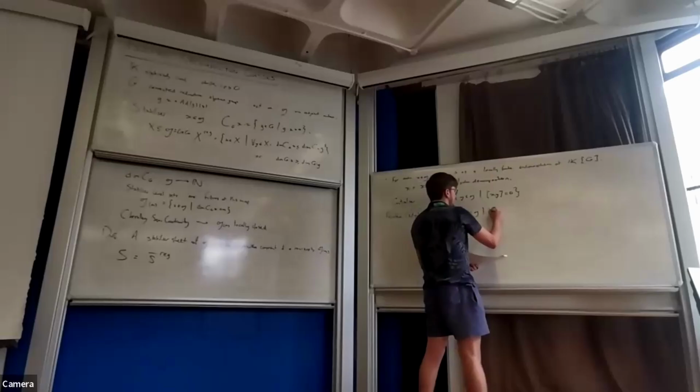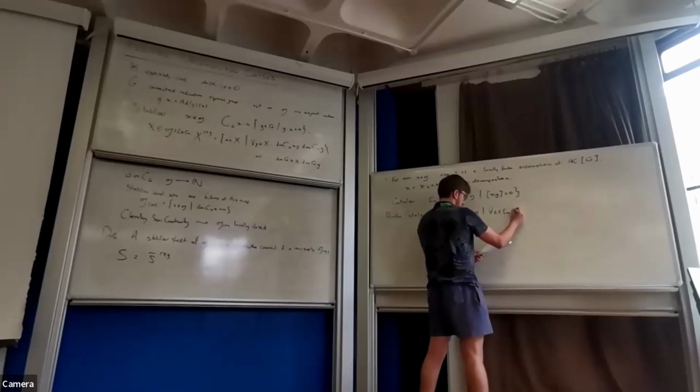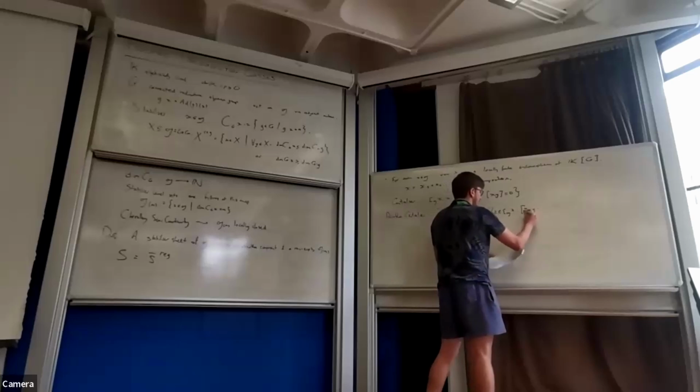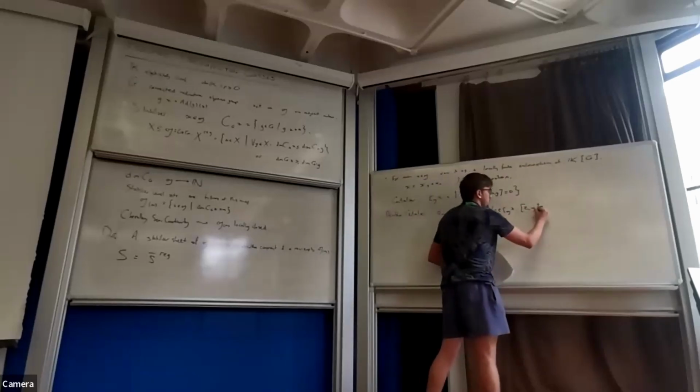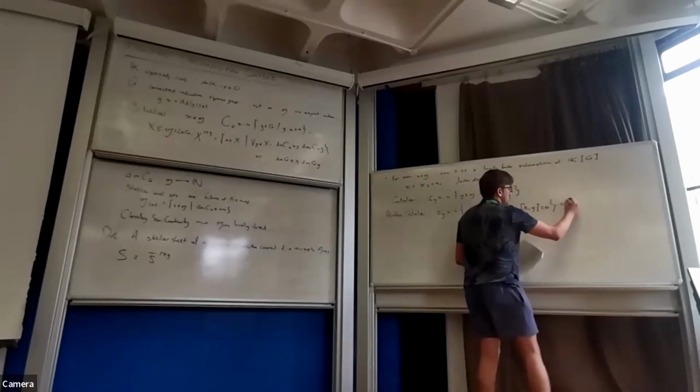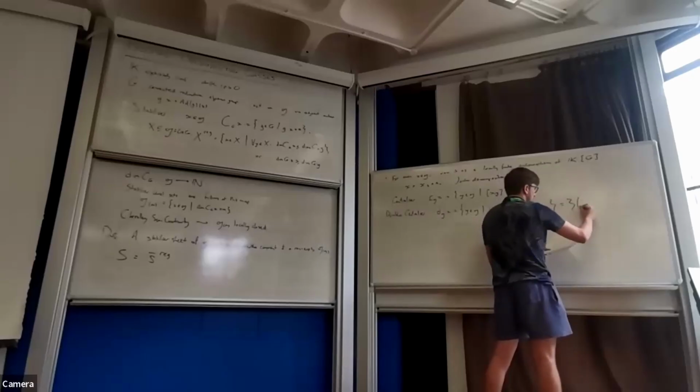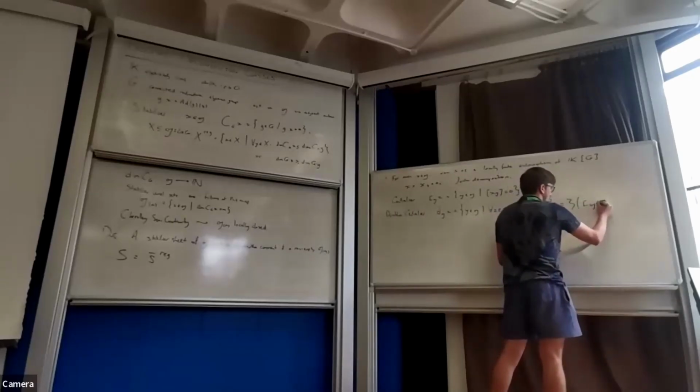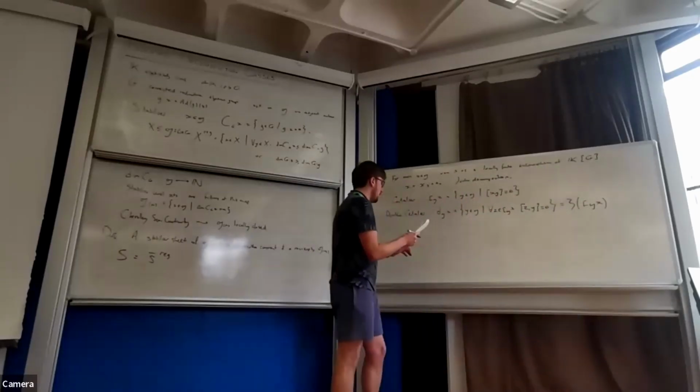Really, it's all things that commute with everything in the centralizer. You can also show that this is equal to the center of the centralizer.